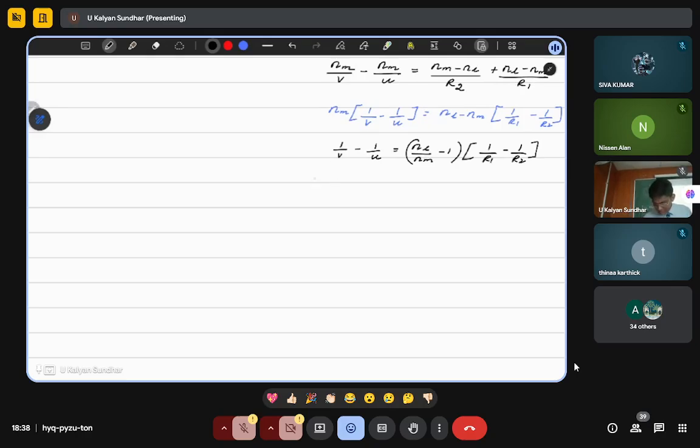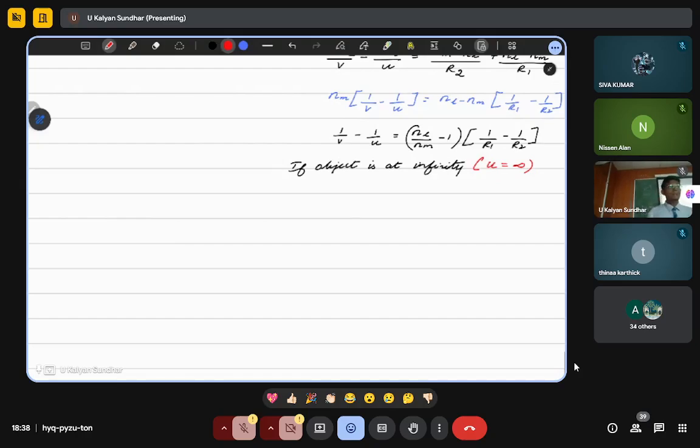Now the thing here is that if the object is at infinity, that is U will be equal to infinity, then the image will be formed at the focus.